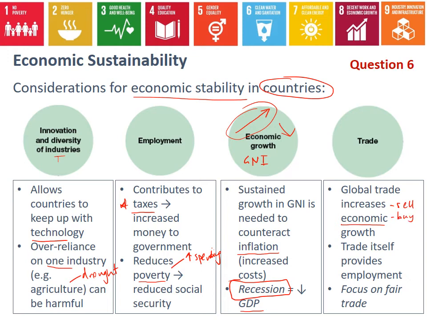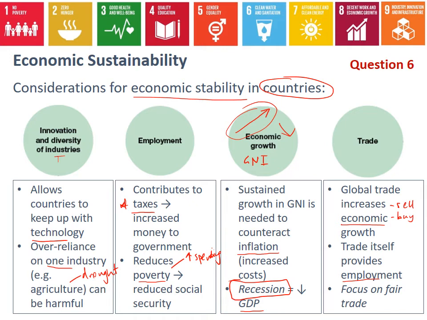So trade is really, really important. And the other thing is that the trade industry itself provides employment for a lot of people. If you think about really busy ports and things like that, and shipping, even now the amount of people that are employed by being delivery drivers, all of those things produce employment, which further boosts economic stability.